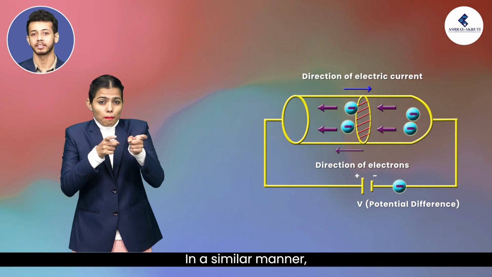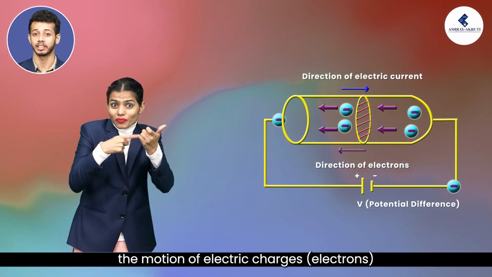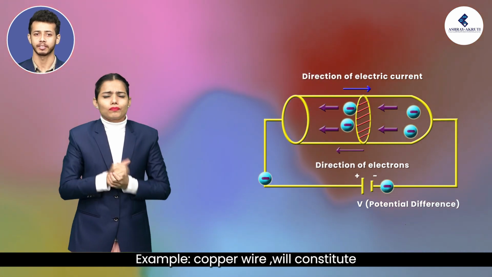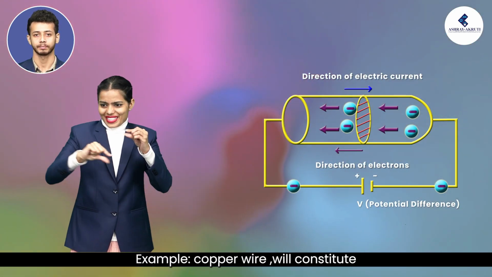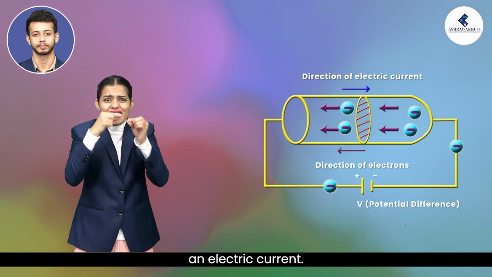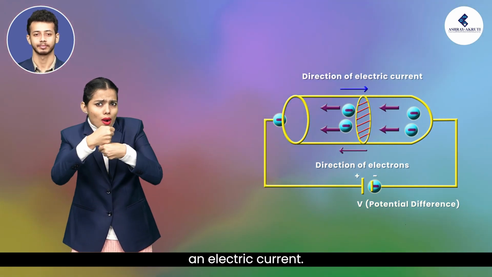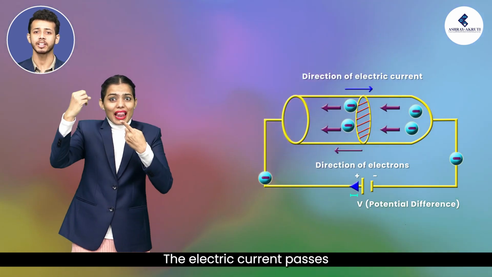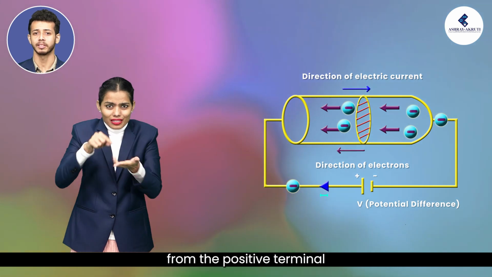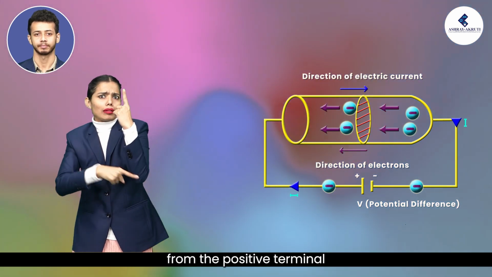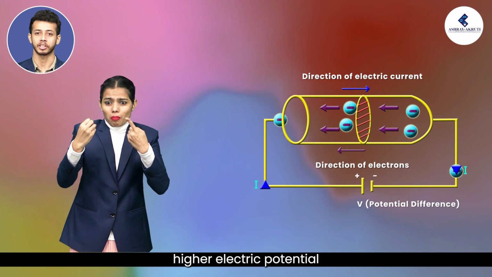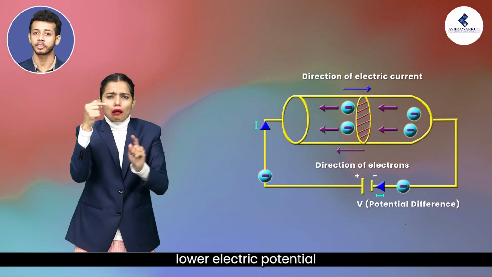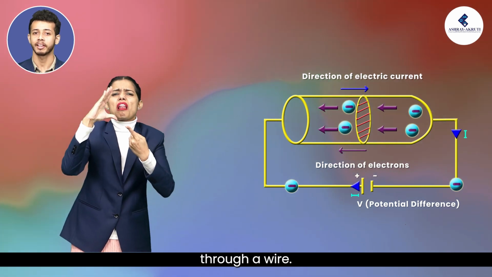In a similar manner, the motion of electric charges, electrons, through a conductor, for example a copper wire, will constitute an electric current. The electric current passes from the positive terminal, high electric potential, of a battery to the negative terminal, lower electric potential, through a wire.